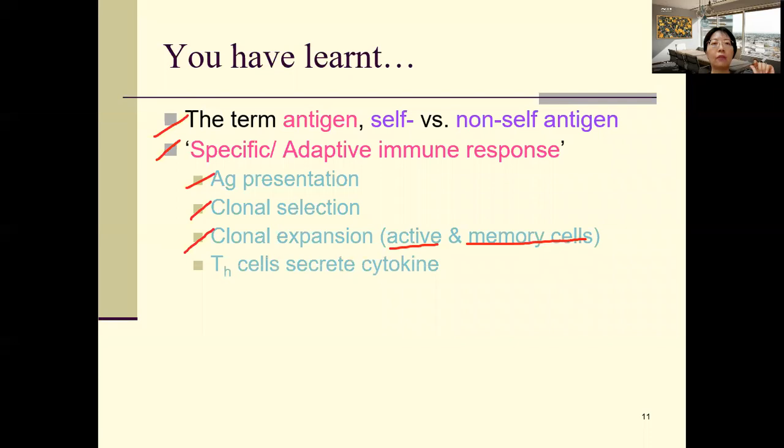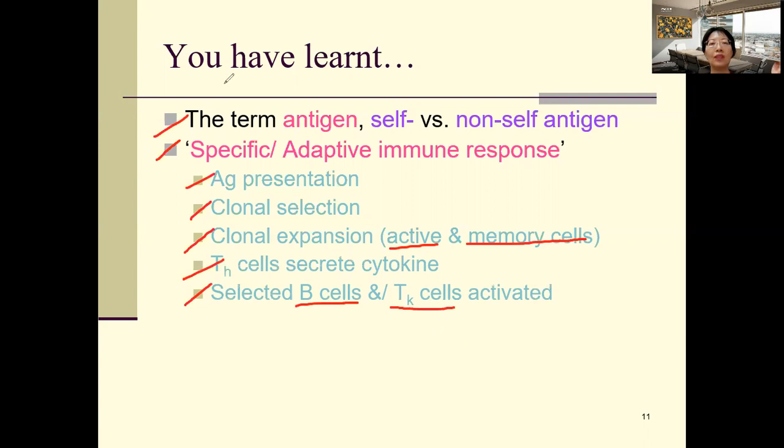After that, the active T helper cell will secrete cytokine, which is a chemical that will activate mitosis or cell division of other cells of the immune system. So it will cause the selected B cells, as well as TK cells, as well as the macrophages, to divide by mitosis. That means they'll undergo clonal expansion, which means divide and differentiate to form active cells and memory cells.